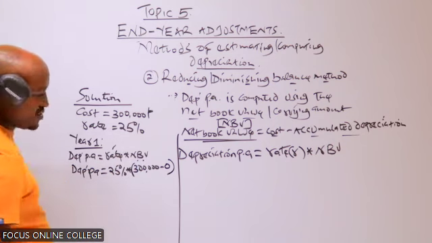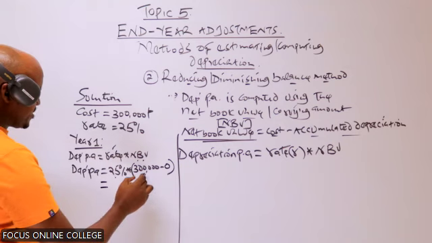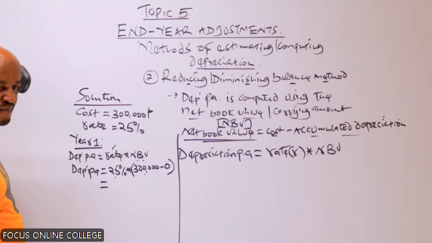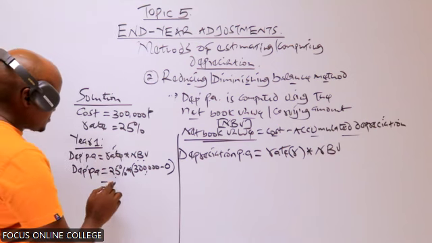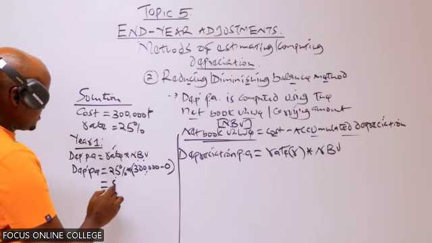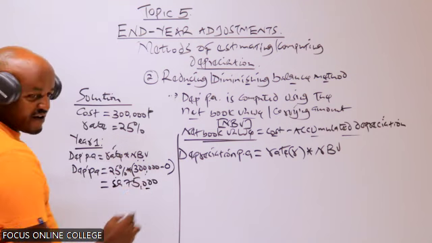That is how we compute the net book value. So we take 25% of 300,000. How much is that? Is it 75,000?